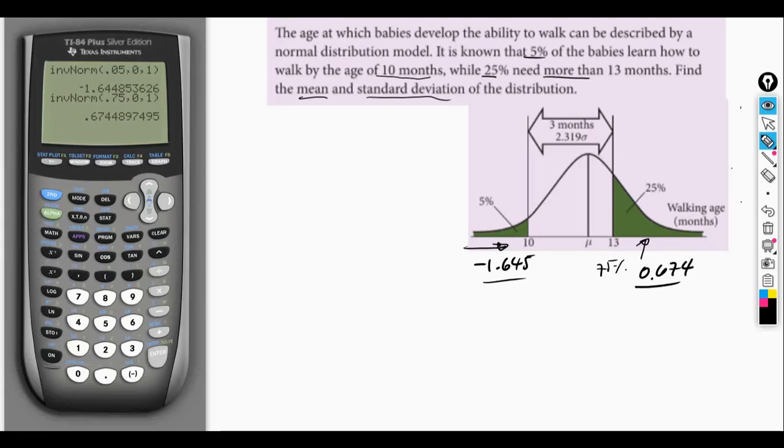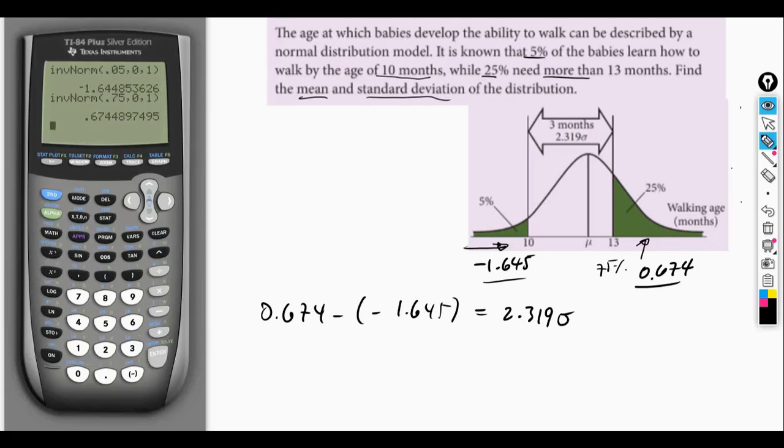Remember that the z-score represents the number of standard deviations from the mean. So if you have negative 1.645 standard deviations at 10 months and 0.674 standard deviations at 13 months, then that means that the difference between them, so notice that if we go 0.674 minus negative 1.645, we're going to get 2.319, and these are standard deviations.